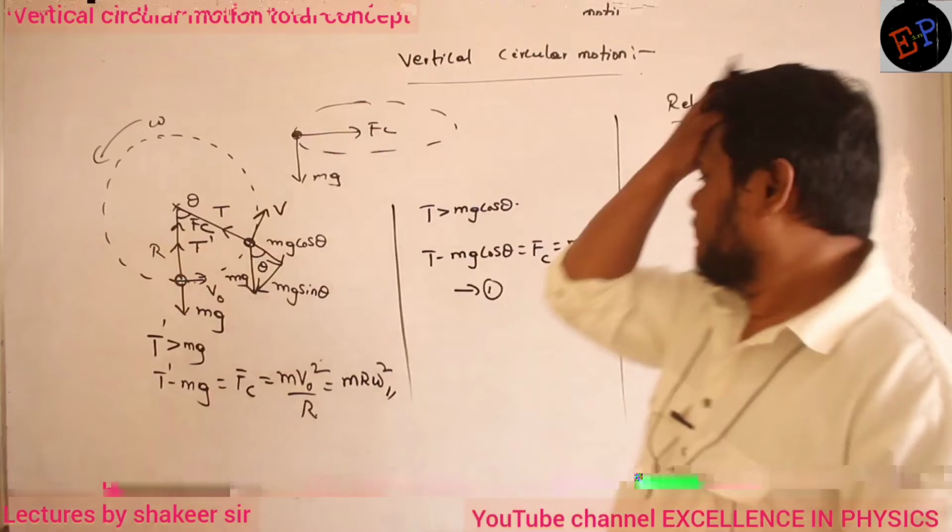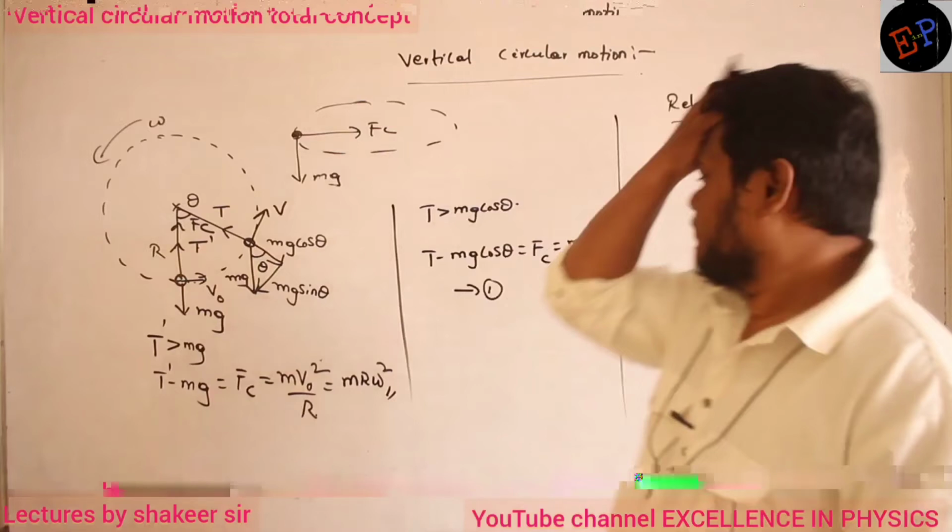So even when the body reaches the topmost position, velocity is not going to become 0. Is it clear? So velocity never becomes 0 if I give a velocity of root 5gL at the bottom of the vertical circle.